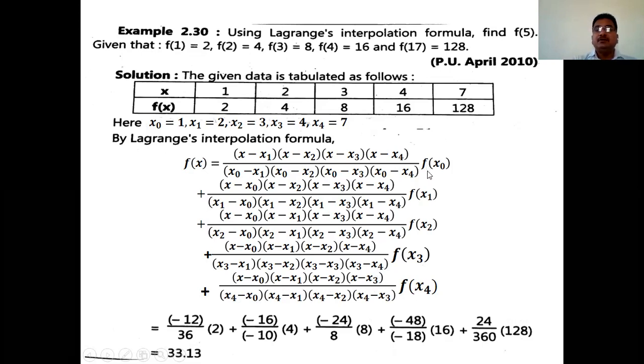So we have a total of 1, 2, 3, 4 and 5 terms. The values of x or y are 5 in number, so we have 5 terms. If these values are 6 in number, then we have 6 terms. If only 3 values of x or y are given in the table, then we write only 3 terms in Lagrange's interpolation formula.